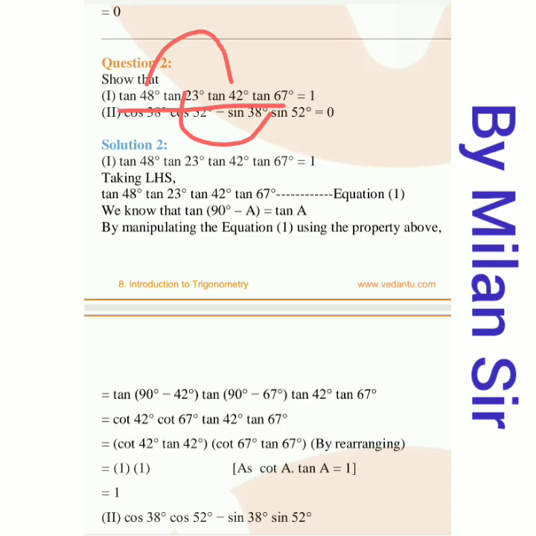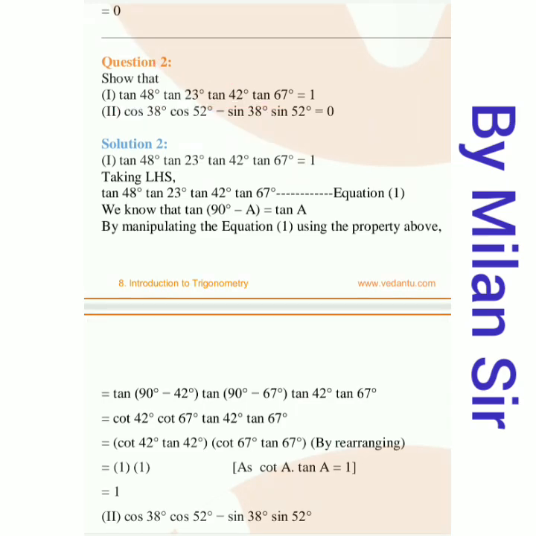Okay, so convert tan into cot. Now you can convert tan 48 into cot, otherwise you can convert tan 42 into cot. Okay, whatever you want you can do this, you can do that. Same thing, you can convert either tan 23, otherwise tan 67, because tan is a complementary function of cot theta, so tan will be converted into cot.